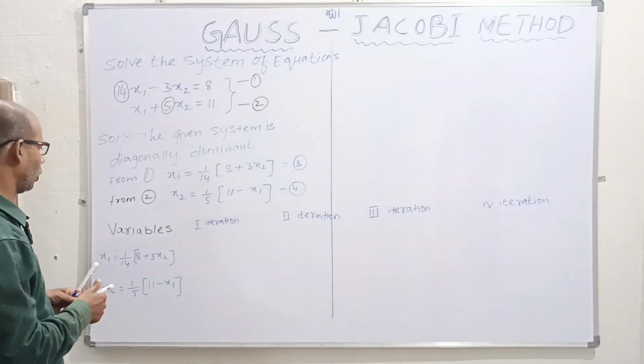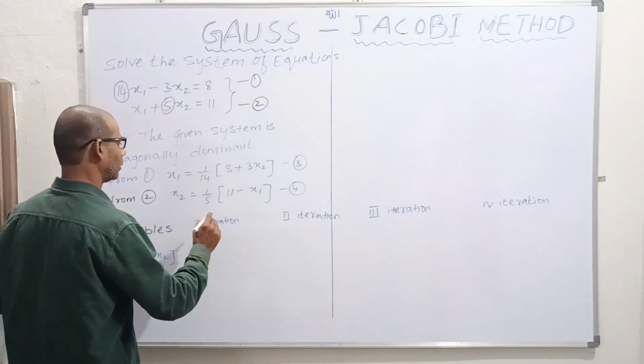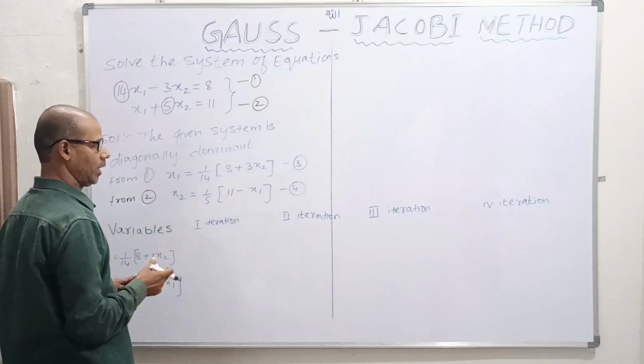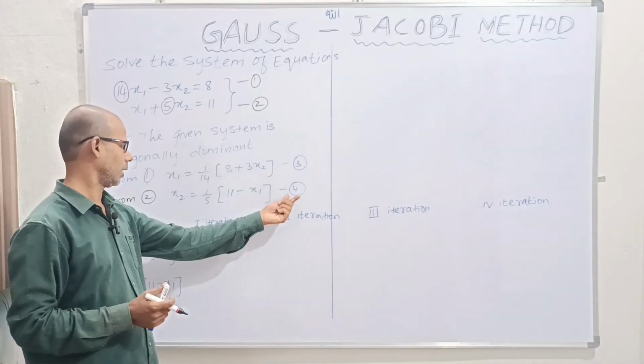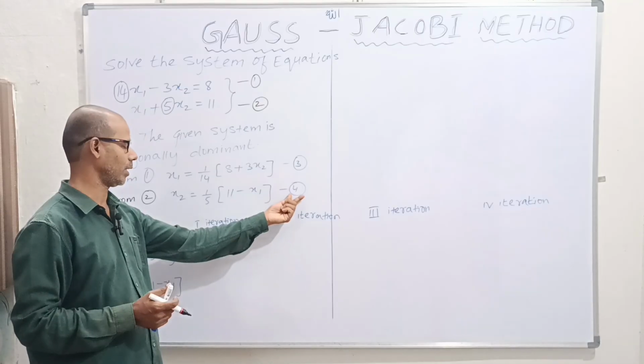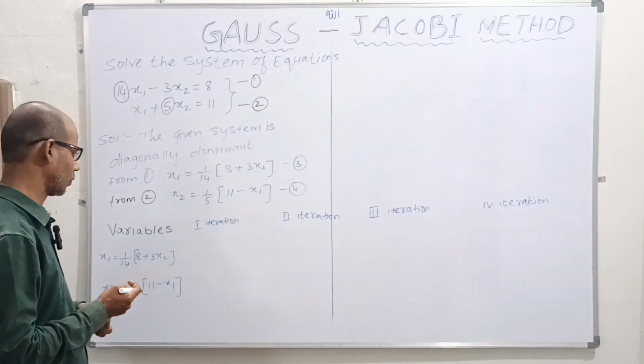For the first iteration, in equation number 3 we put x2 equal to 0 on the right hand side, and in equation number 4 we put x1 equal to 0.